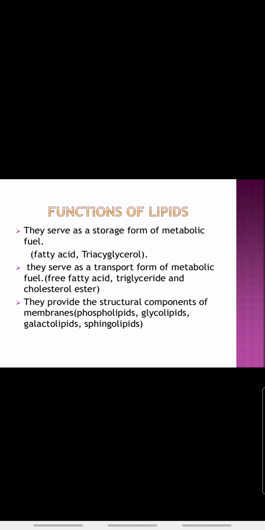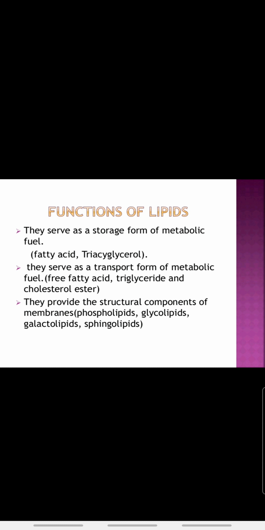Triglycerol, or triglyceride, is derived from glycerol and three fatty acids.